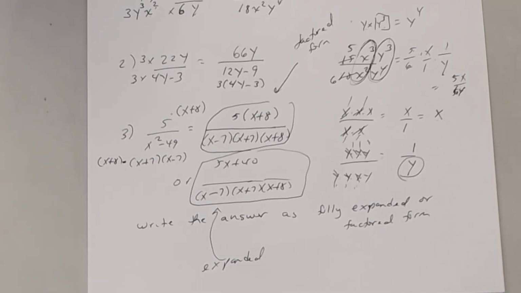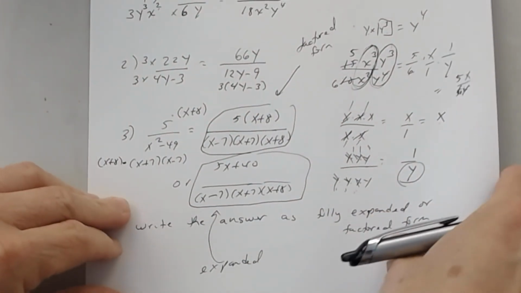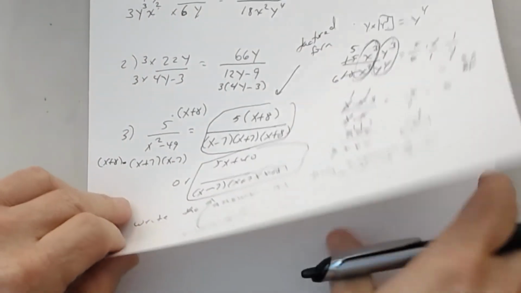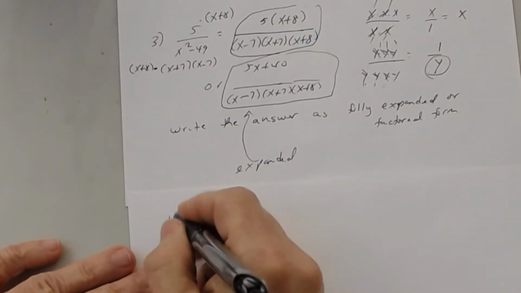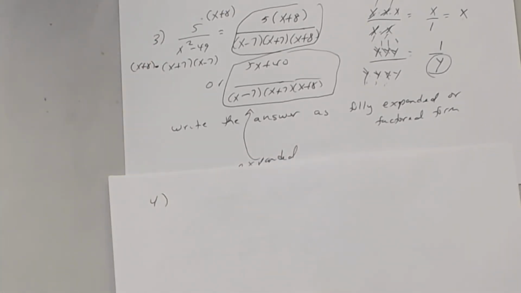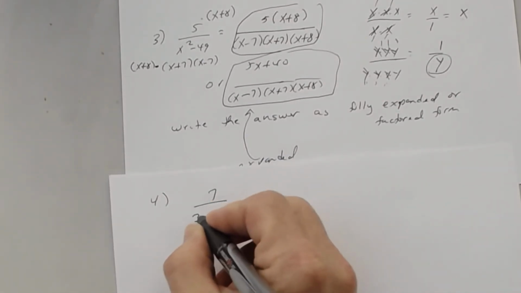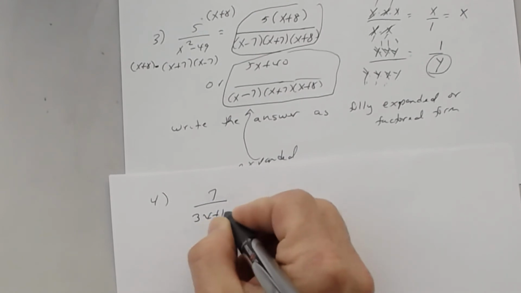Okay, number 4. In 4, you have 7 divided by 3x plus 12.